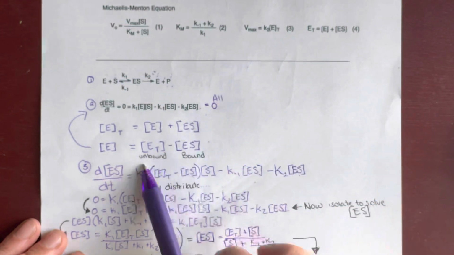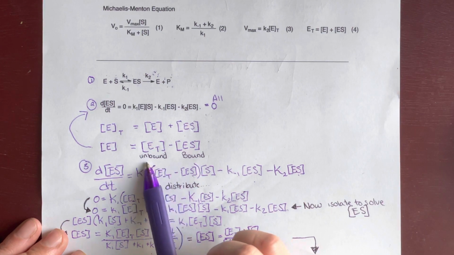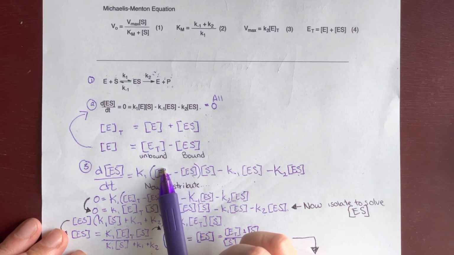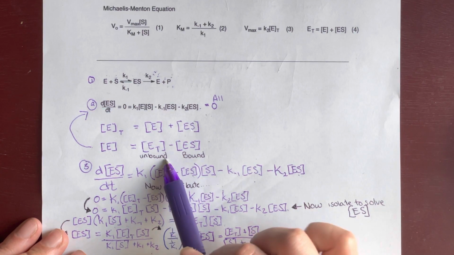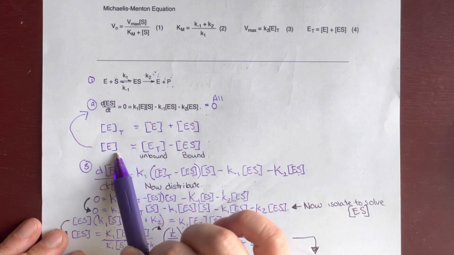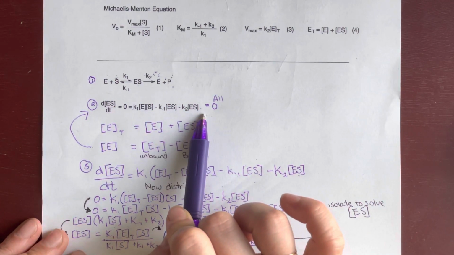The problem is that we need to solve for the unbound enzyme E. That's E sub T, which represents the total concentration of enzyme. When you subtract ES from both sides, you can solve for E and substitute E into this previous equation.